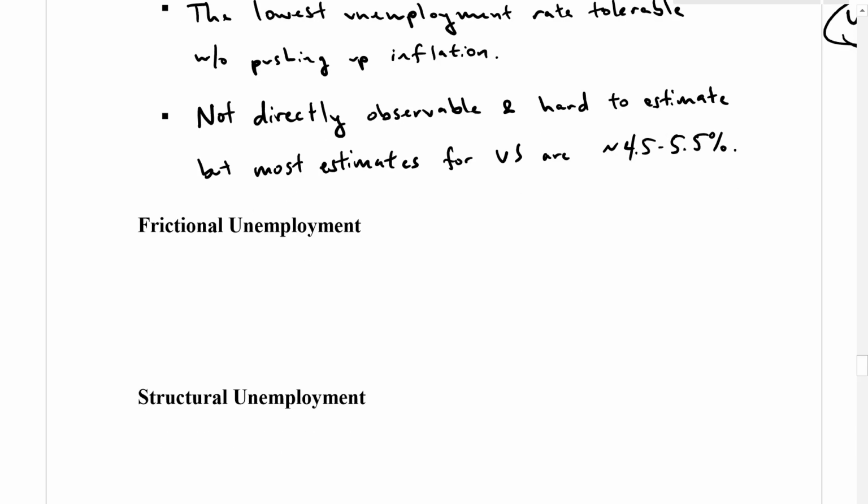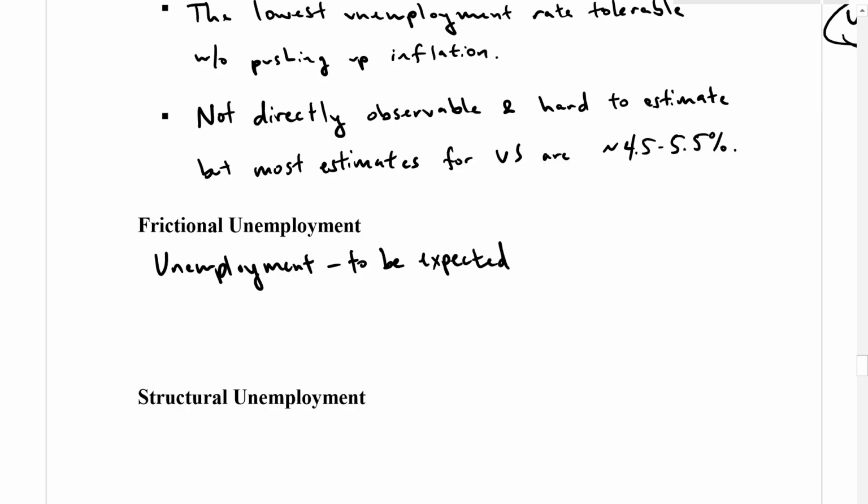Frictional unemployment. So frictional unemployment is an aspect of unemployment which leaves us not expecting the unemployment rate ever to be zero. And that's because this is unemployment which is to be expected.